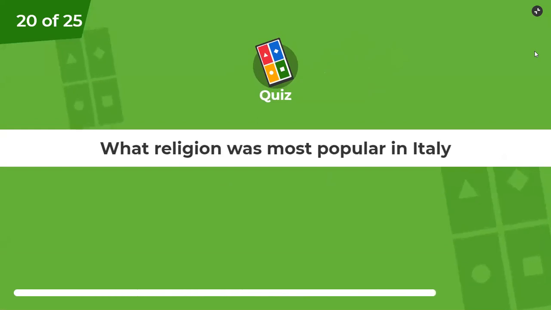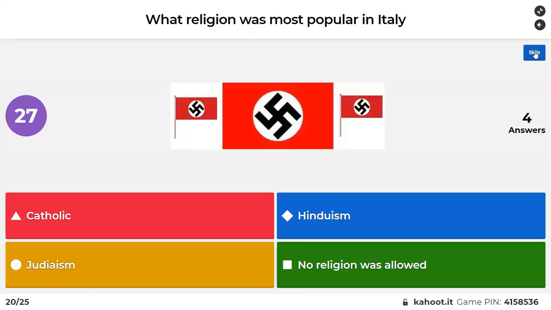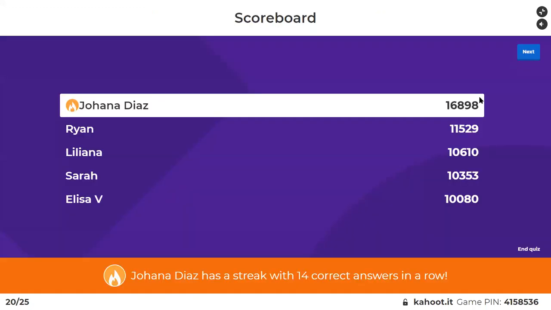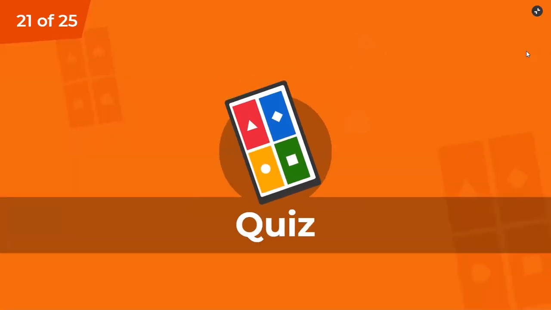What religion was most popular in Italy? Catholic. Catholic, now over 95% of Italians are Catholic. And that's still the case today.